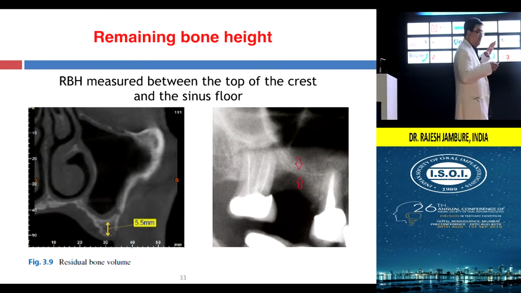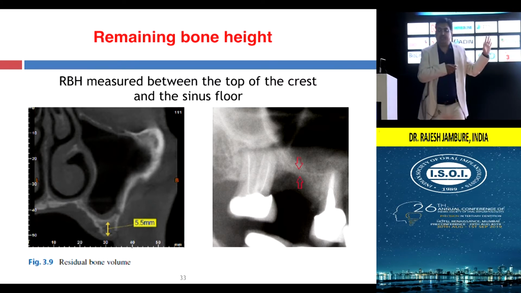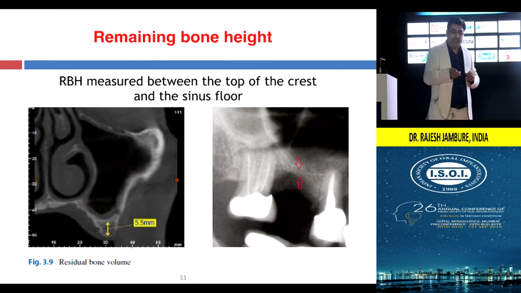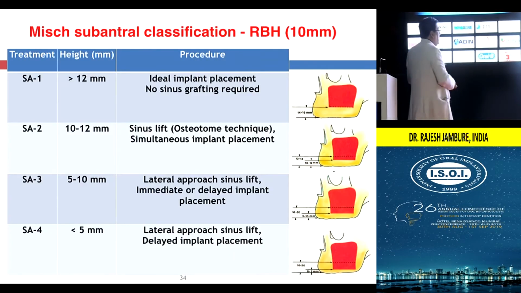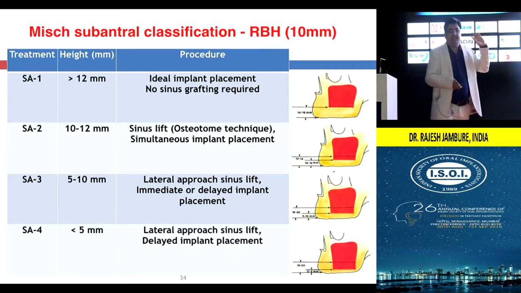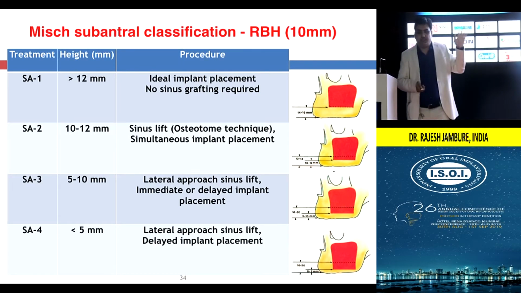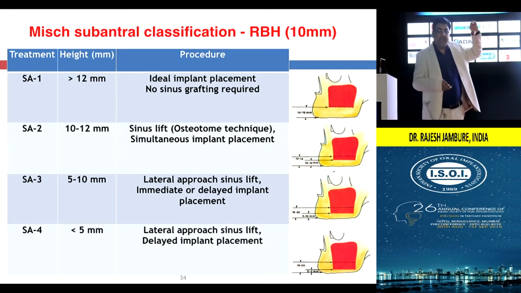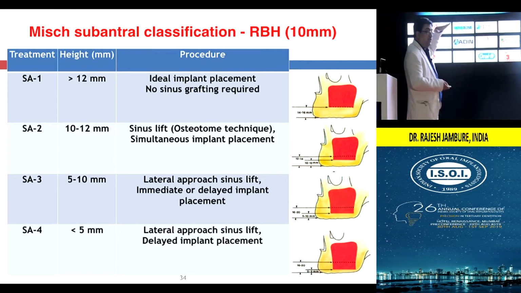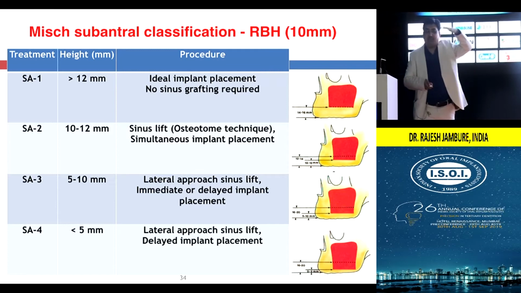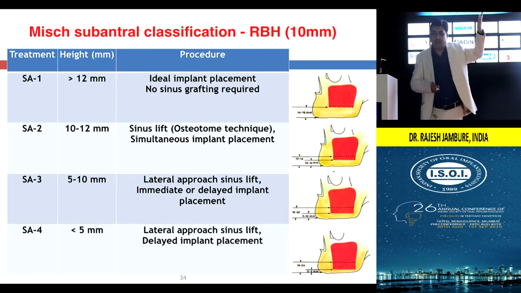And for years we have been following this RBH as the only guideline for selecting any approach. Now if you see this classification by Misch, a very old classification, also called the subantral classification, they have given the RBH as around 10 mm. The basic criterion for RBH for selecting between crestal and lateral was 10 mm.